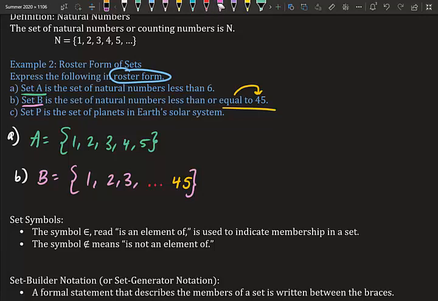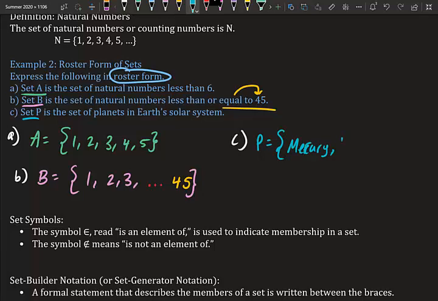Alright, so set P. This is just for pure entertainment for me. You're not going to have to know the planets. Set P is the set of planets in Earth's solar system. So for part C, we have set P and all the planets in our solar system. It's Mercury, Venus. Did I spell that right?